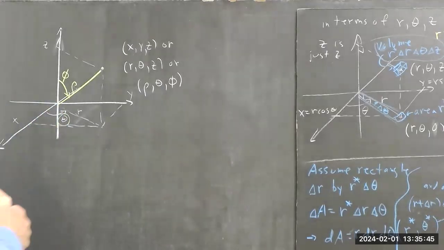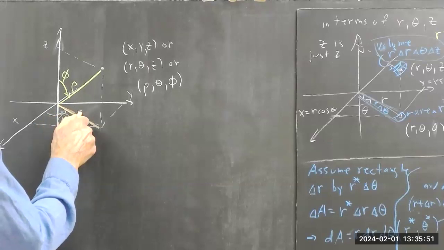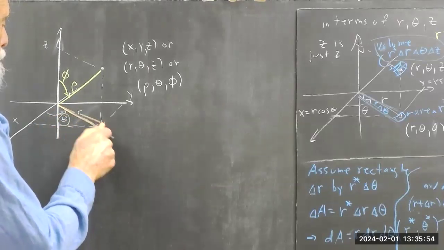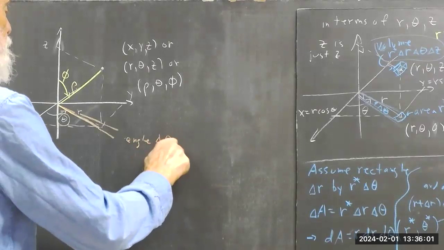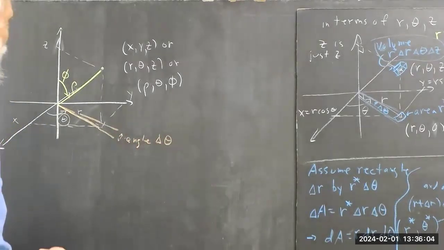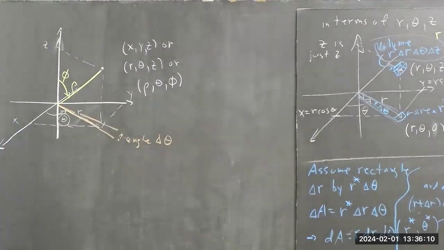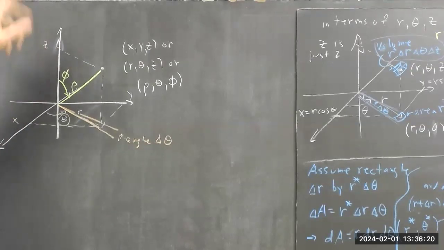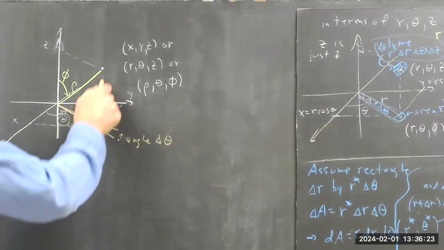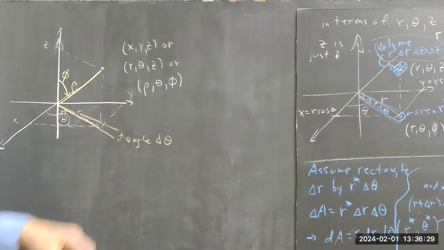Well, if we've got an angular change of delta theta here, we're talking about the delta theta by delta phi by delta rho increment up here.